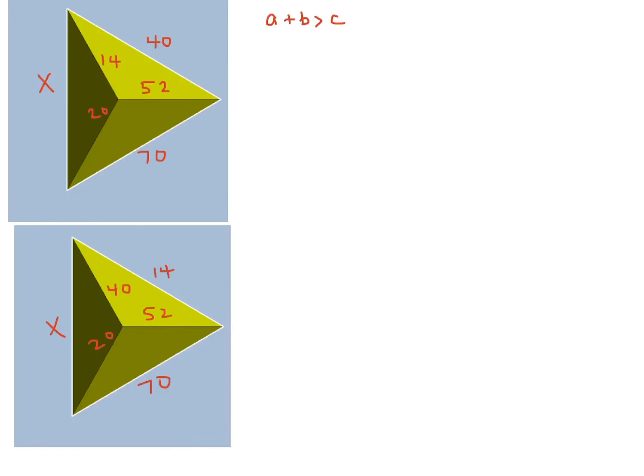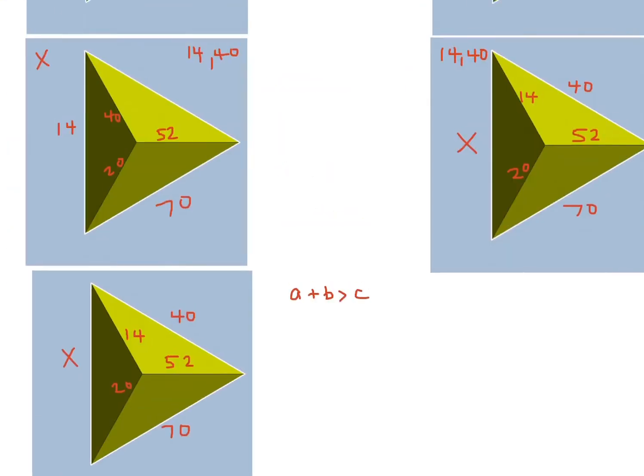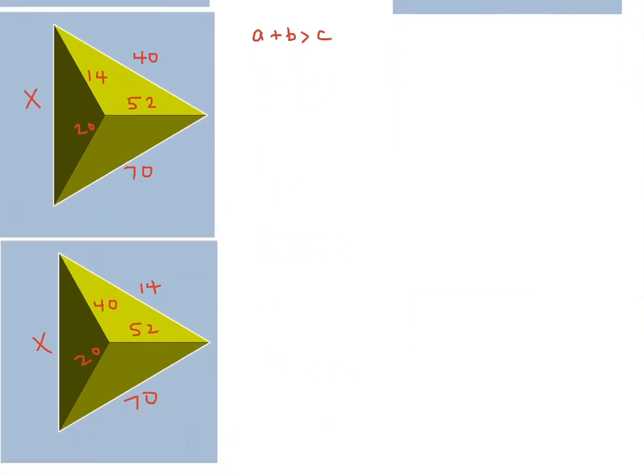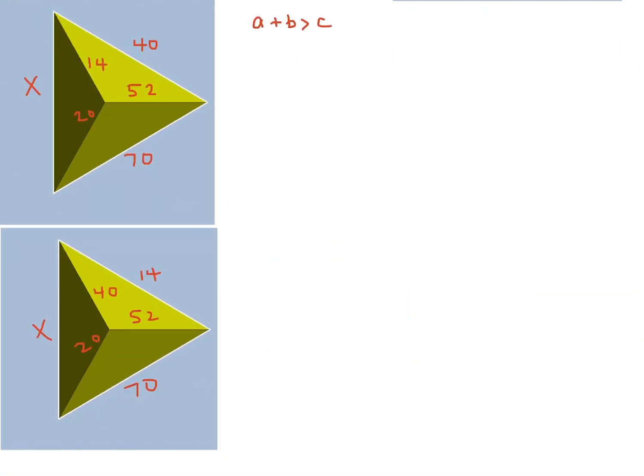All right, using these two triangles, we will now proceed to figure out what x can be. What values can we have for x? And are they integers? Yes, all of them are integers. Okay, here we go. So, in this triangle, we just keep using our rule.